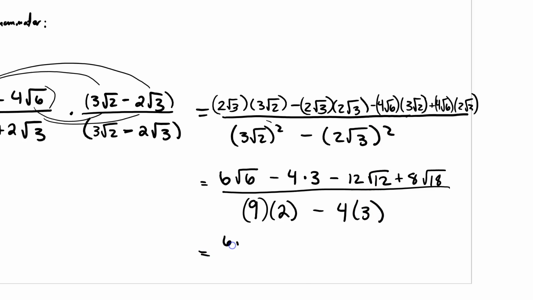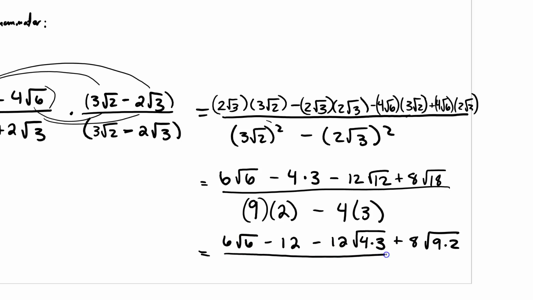So I have 6 root 6. I can't do anything with the 6, so don't worry about it. Minus 4 times 3, which is 12, minus 12 times the square root of 12, which is 4 times 3, plus 8 times 9 times 2, which is the same thing as our 18, all over 18 minus 12. 9 times 2 is 18, 4 times 3 is 12.